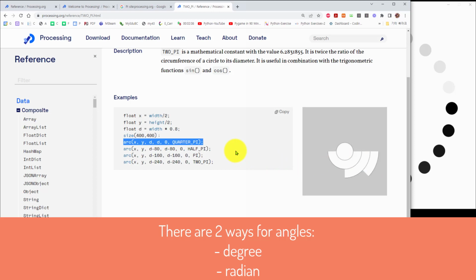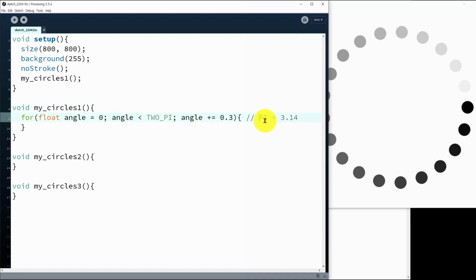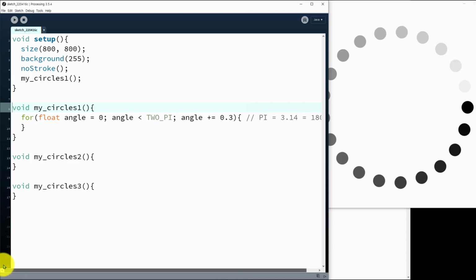You may be used to degrees, 90 degrees, 360 degrees, but in mathematics, radian is usually preferred. So pi is about 3.14, which is equal to 180 degrees, half pi is 90 degrees, and 2 pi means 360 degrees. I'm going to use this radian way to denote the angle.